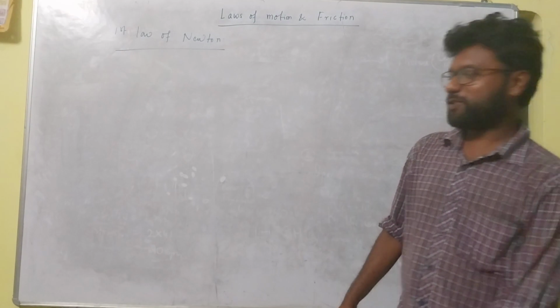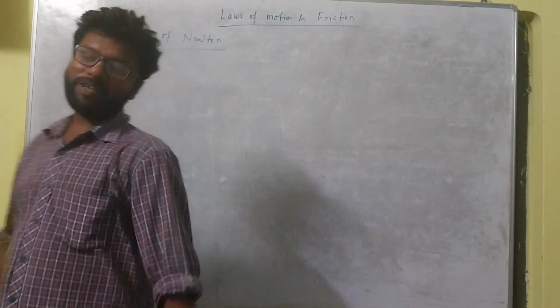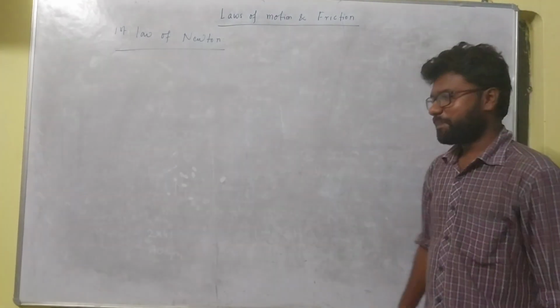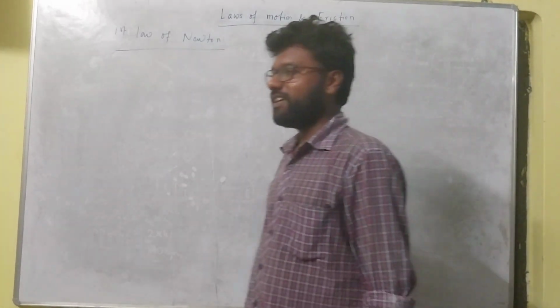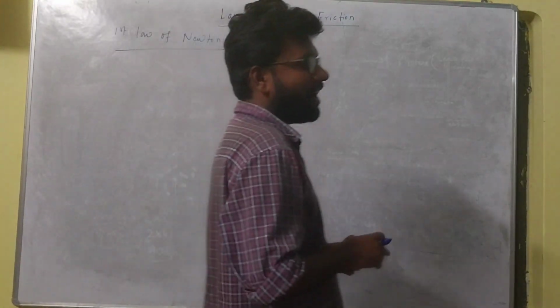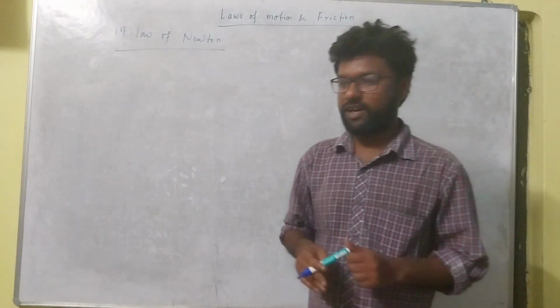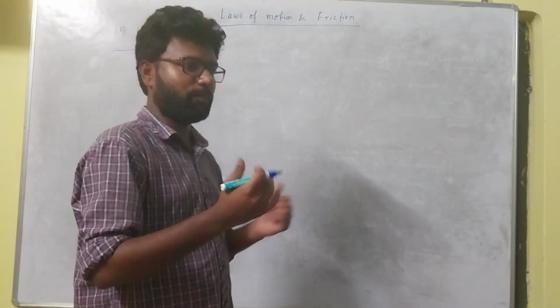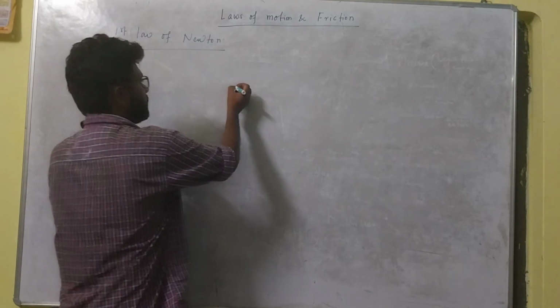So what is the law of inertia? The law of inertia means just a very simple situation. If a body is at rest, then it tries to stay at rest in that position until and unless you apply a force on that body.